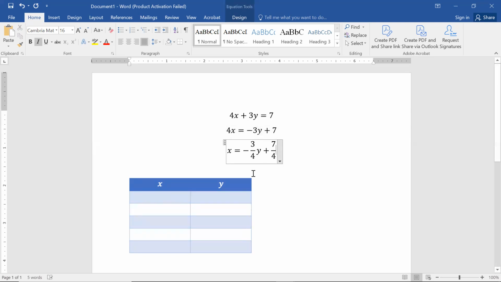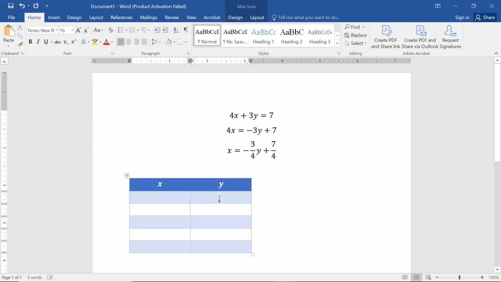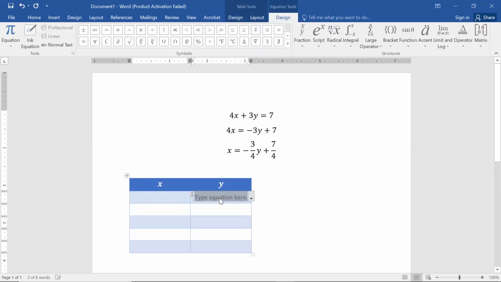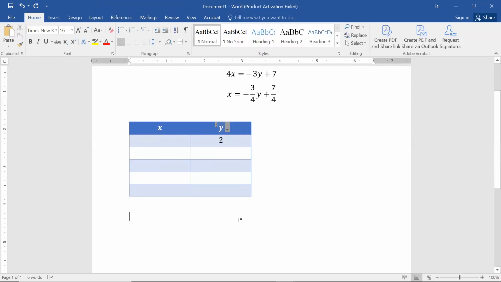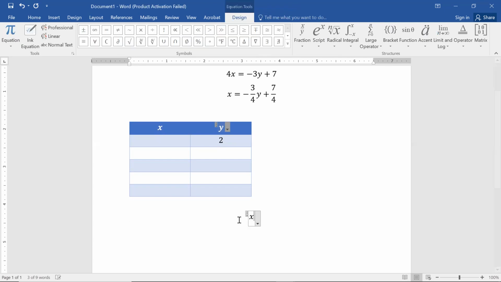And in this case, I would probably want to plug in a value for y. So let's take y of, for instance, 2. Let me write it down. x is equal to negative 3/4 times y plus 7 over 4. And I'd put in the y value of 2, and in that case, it would generate an x value.